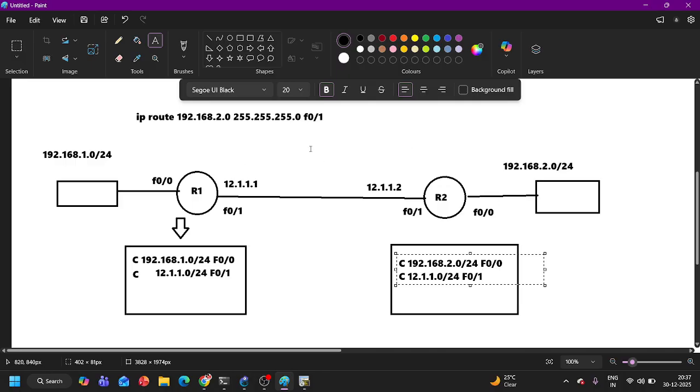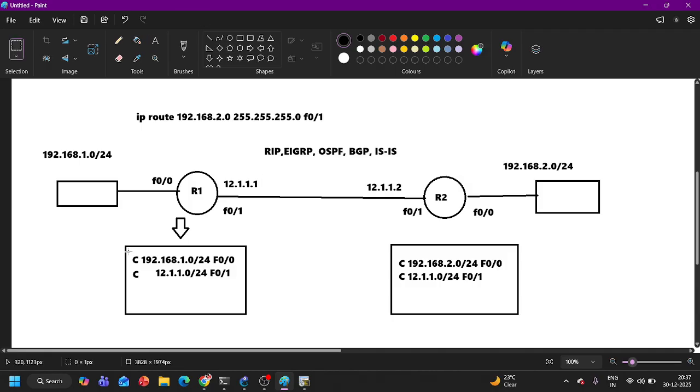So you will configure a process like this. The process can be EIGRP, it can be RIP, it can be OSPF, it can be BGP. Earlier IGRP was also there, but nowadays we don't have that protocol, or IS-IS. Any process out of these, and after that both routers are going to exchange routing tables.